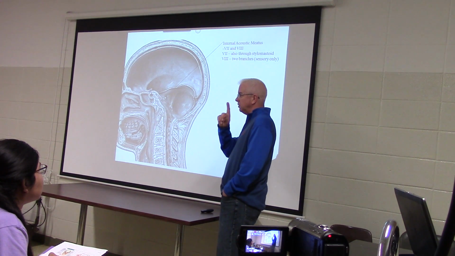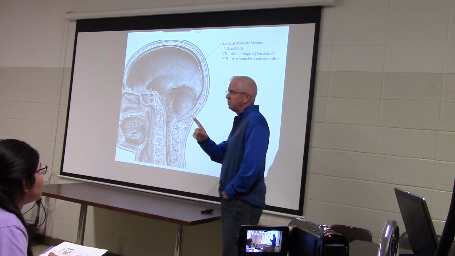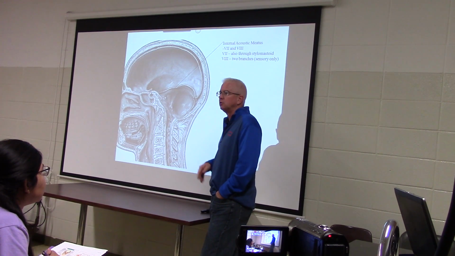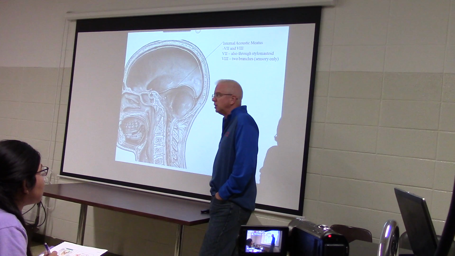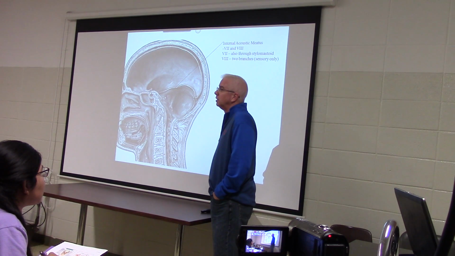In fact, you knew part of this already. You knew, for example, in the parasympathetic nervous system, when I taught you cranial nerve 7, that cranial nerve 7 controls the muscles of expression, I said this is how it gets there. It comes off of the brain and it passes through the internal acoustic meatus.